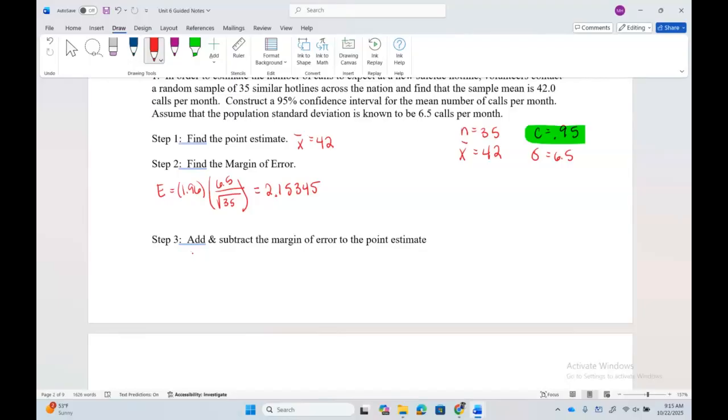So I'm going to do 42 minus 2.153, and 42 plus 2.153. And so my final answer here is going to be 39.85 and 44.15.